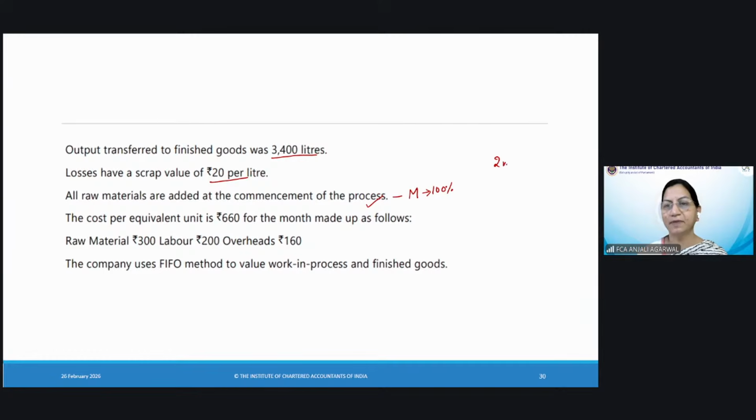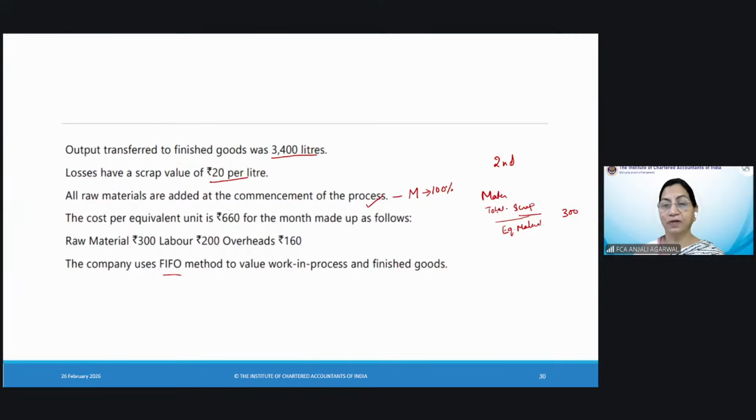So the second statement is prepared here. Material cost is coming out to be 300. This will be total cost of material minus scrap realized from normal loss, divided by equivalent units of material. Use FIFO method to value the work in progress.